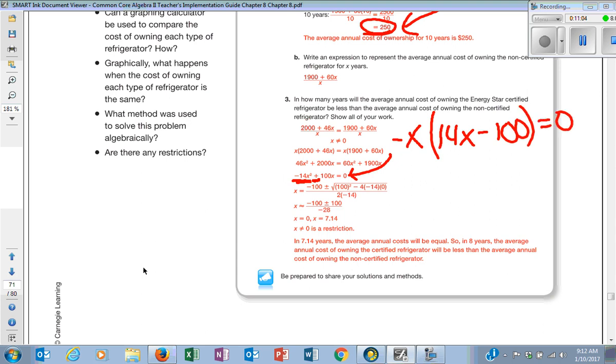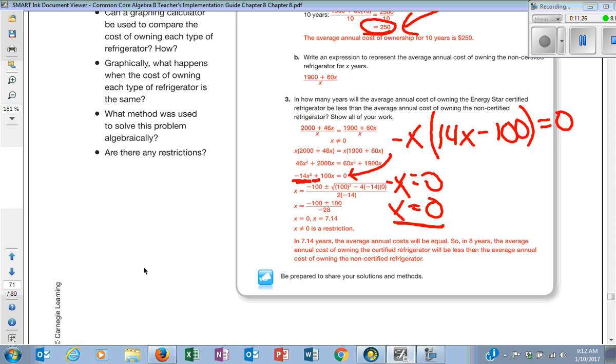And so one of my answers is negative x equals 0, or x equals 0 is one of my possible solutions. So if I don't buy any of them after 0 years, then I know that the average cost is going to be the same because I didn't spend any money. After 0 years, which means I don't own either of them, I've spent the same.